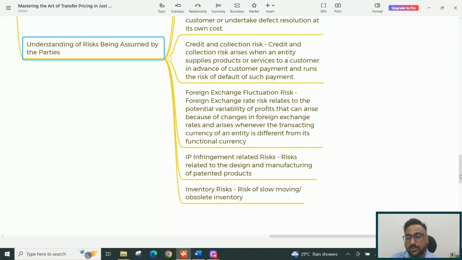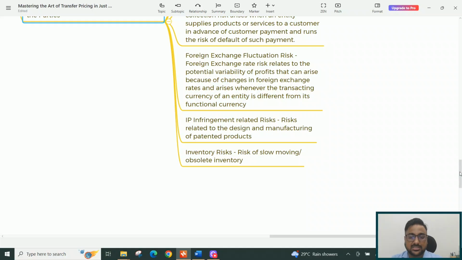And then there could be many risks such as infringement risk, that is a risk related to the designing and manufacturing of patented products. Generally IP comes in that part, like pharma and similar industries deal with IP. In case the medicines are copied, or any product gets copied, it may infringe the IP, and which entity is responsible to protect that IP, which entity legally has to take legal actions, and which entity has to bear some sort of risk related to this IP being infringed, right?